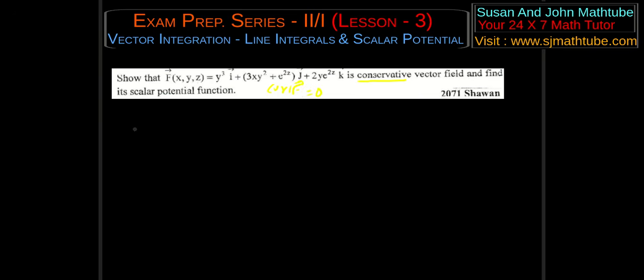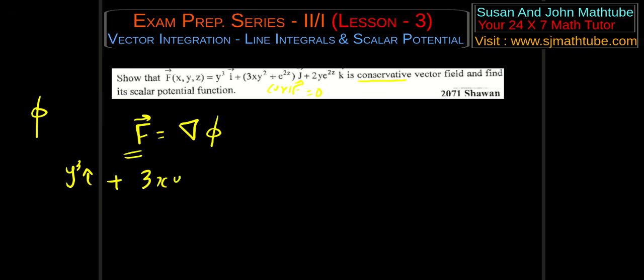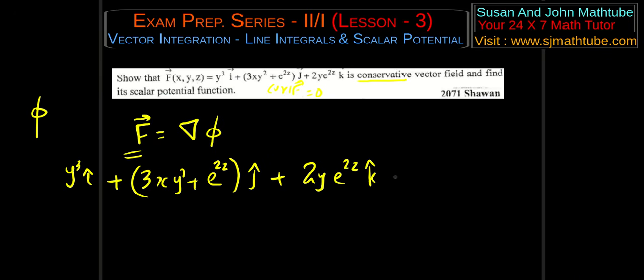And then what do we do? We claim let phi be the scalar potential. Therefore F will be equal to del phi. And F means the given function, and the given function is y cube times i plus 3xy square plus e to the power 2z times j plus 2y e to the power 2z times k is equal to, what's the formula for gradient?